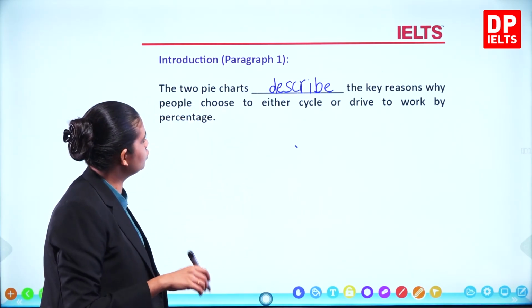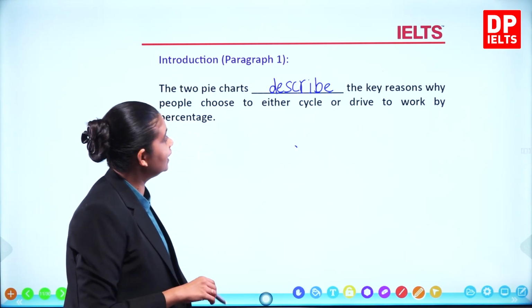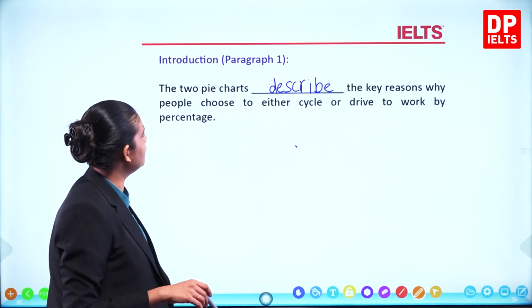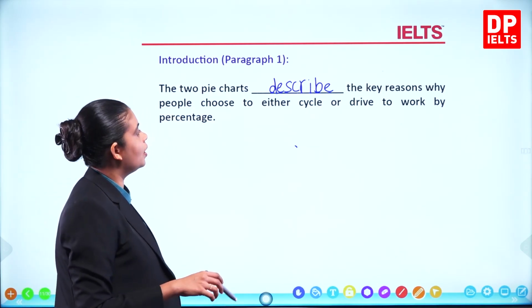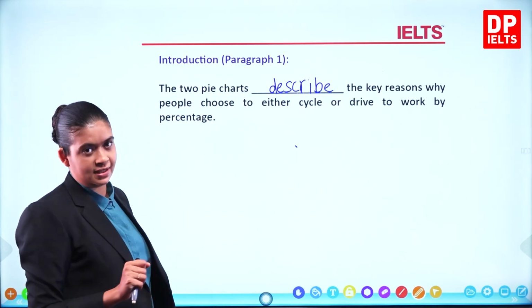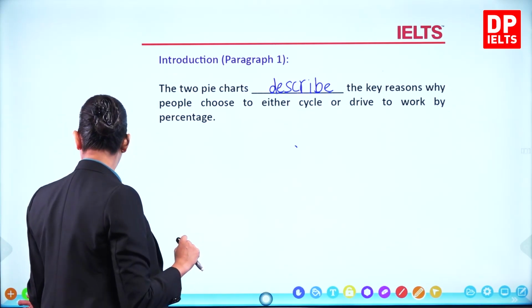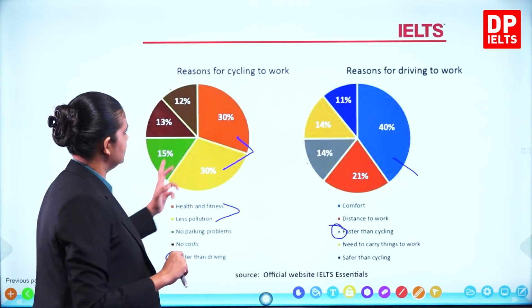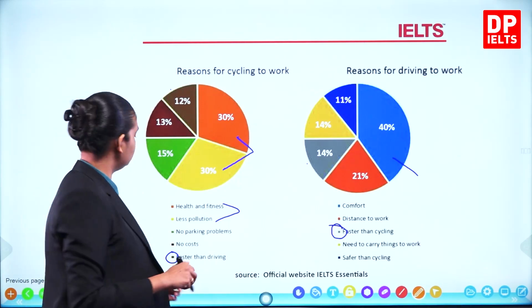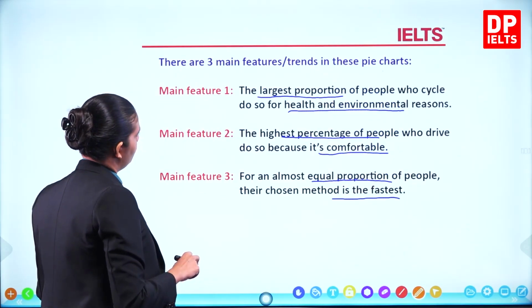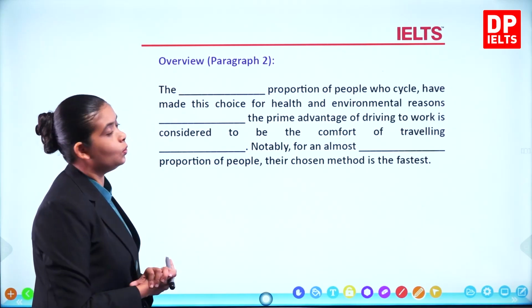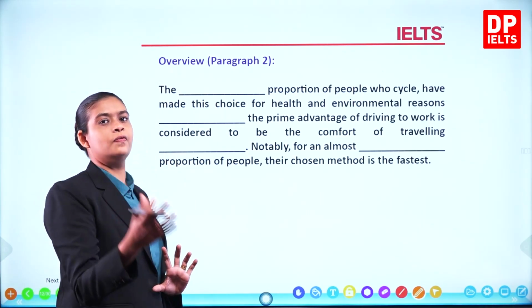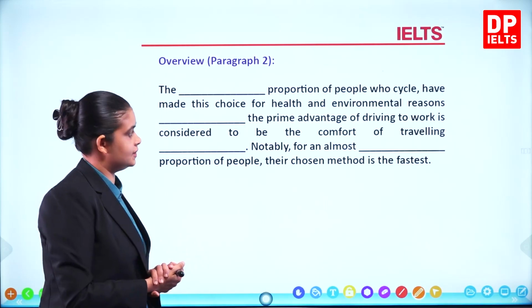The two pie charts describe the key reasons why people choose to either cycle or drive to work by percentage. Okay, we know it is by percentage. Right, so next we are going to write an overview, which means the obvious trend or trends, right?